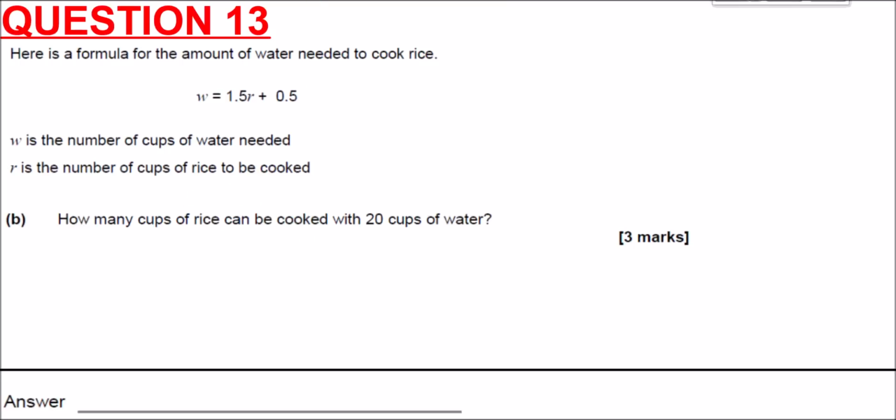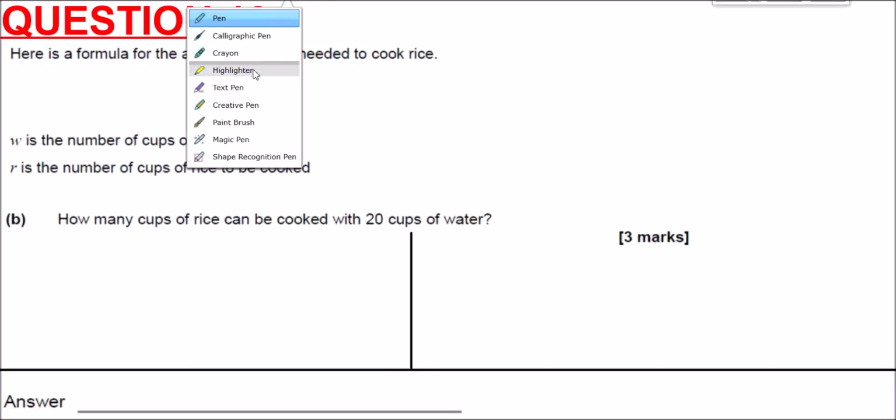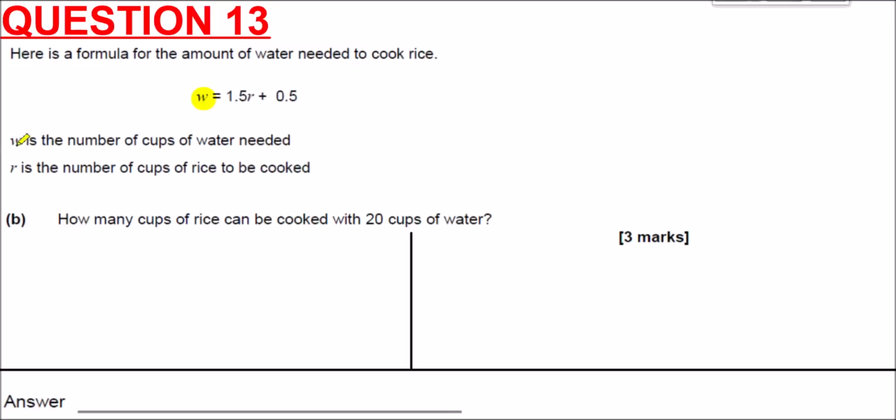If we've got 20 cups of water to cook with, then we know the value of W is 20, because W represents the number of cups of water. So just substituting in 20 for W, we'd have 20 equals 1.5 R plus 0.5. We now have an equation in terms of R which we can solve.